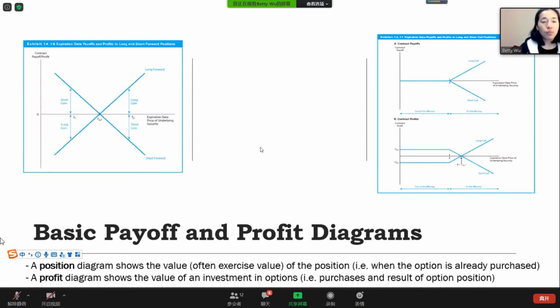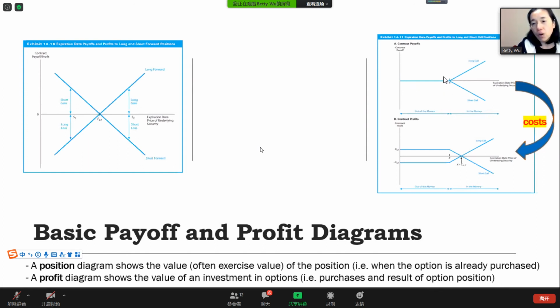So basic payoff and profit diagram. The main difference between these two is costs. Okay, so for instance, this shows you the payoff diagram for a long call, and this is the short call. And once you consider the cost, then you shift them vertically.